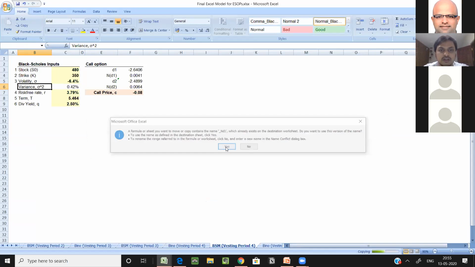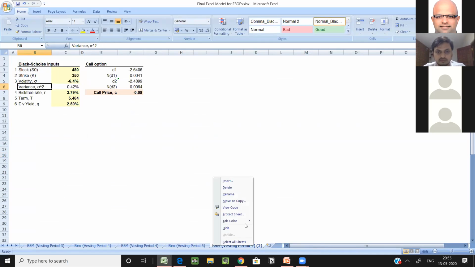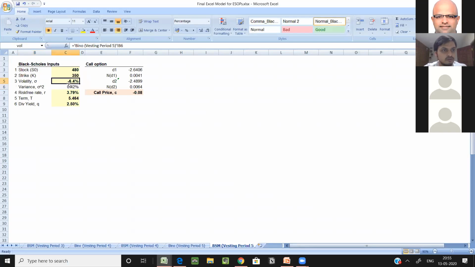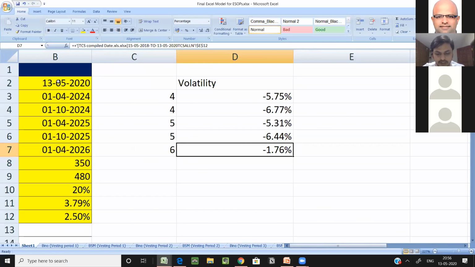Just keep on pressing yes, because I've used a lot of macros, and just rename your sheets to vesting period 5. And for vesting period 5 as well, just take your respective volatility for the last vesting period.